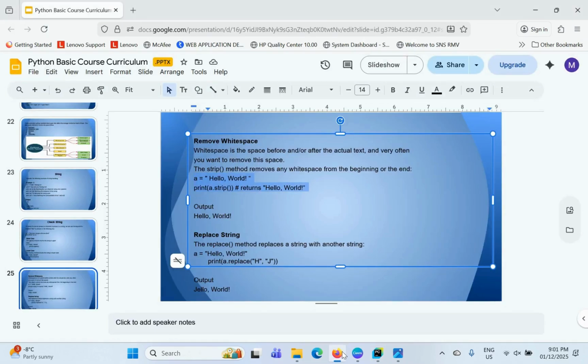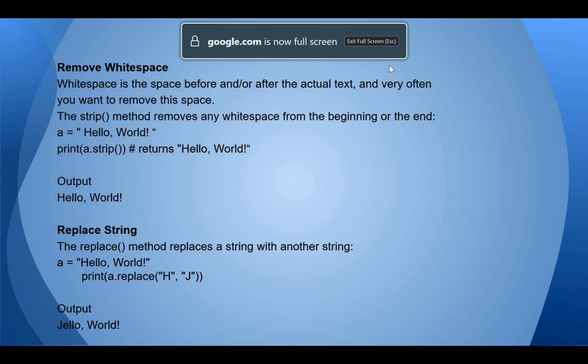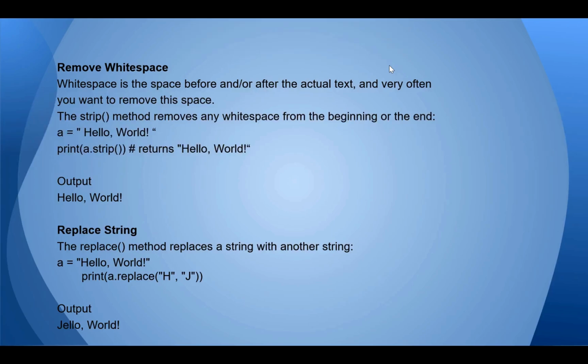Okay, now similarly, the replace function, as the name says, will replace a particular character or a word from a string. So this is the inbuilt function. The example given here: a equals hello world, print a dot replace h comma j.